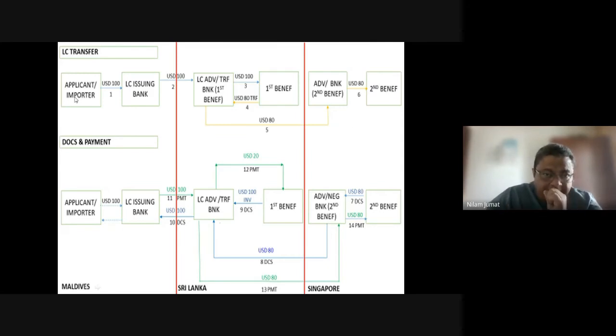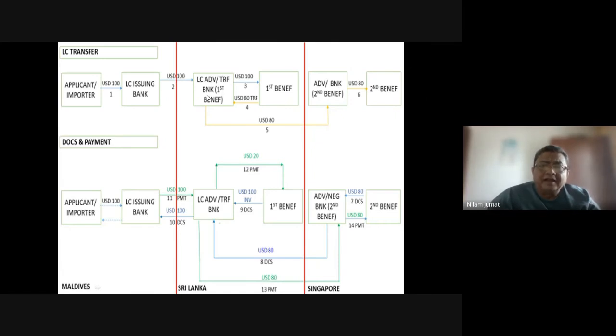Right? Now what happens is, Ali opens an LC. We'll say $10 per AC for this example, and the total value will be $100. Can you see? Number one, number two. Just follow this. $100 has come to People's Bank.